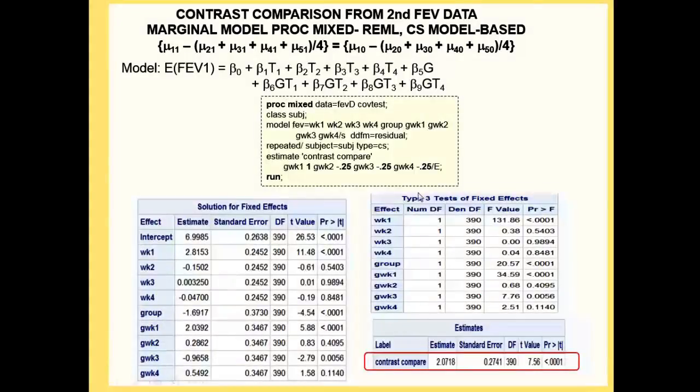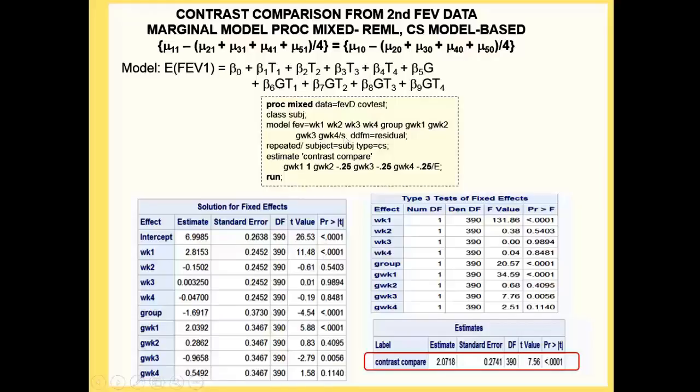Now, look at this code. Let's see what I did here. Look at where it says model FEV week 1, week 2, week 3, week 4. See that? It says group, and it says G week 1, G week 2, G week 3, G week 4. That's the way I would do the analysis with dummy variables.